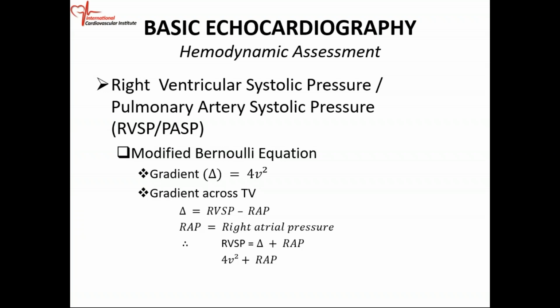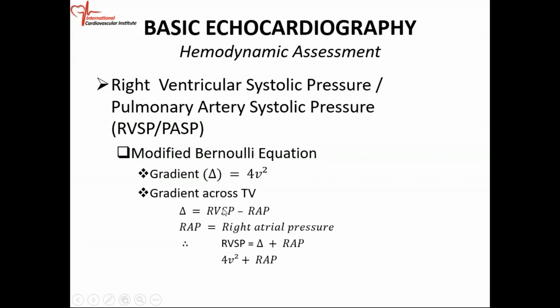That is the gradient. If you can get that TR velocity, and you square it and multiply it by 4, then it's equal to the gradient, which is this.